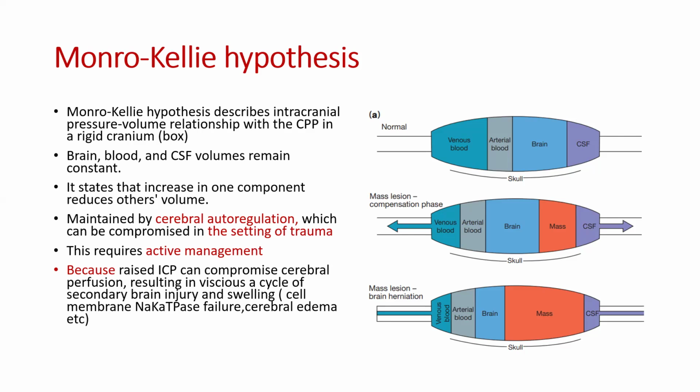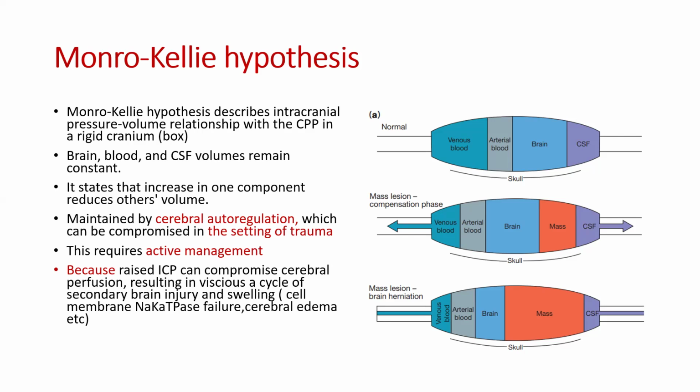When that mass is introduced, the other volumes have to reduce to accommodate this hematoma. You can see the CSF is being forced out of the skull, and also venous blood initially is being forced out because of the mass lesion in the compensation phase.